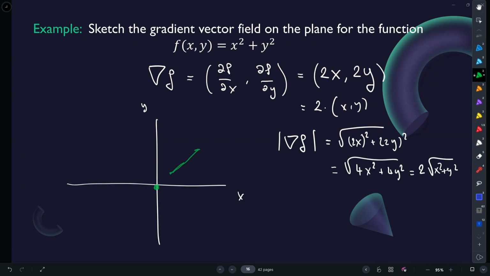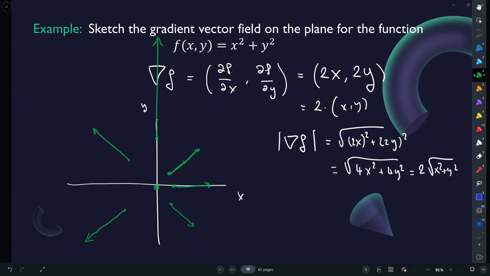This is length 1 to the point, twice to the point. And here it goes like this, and here it goes like this. If you go up here, then it is something like that, and so on. So everything is trying to go away from the center.